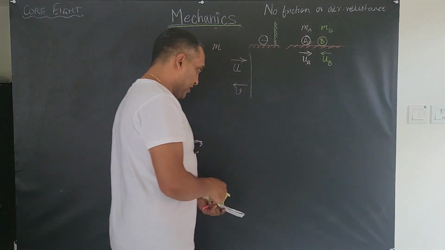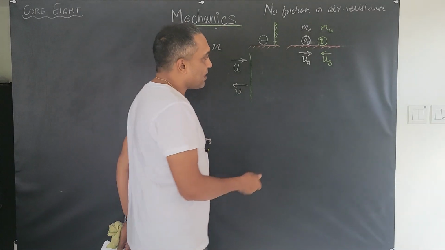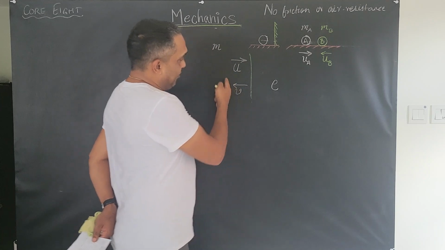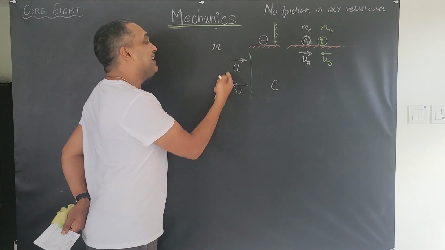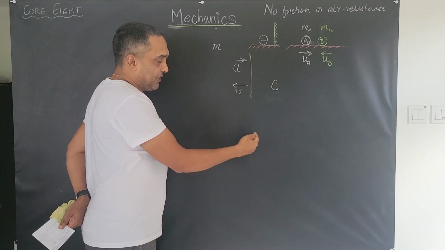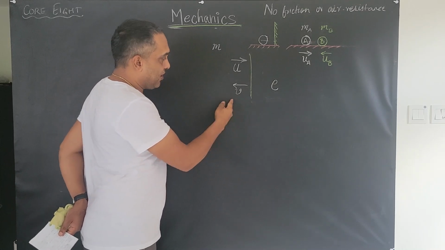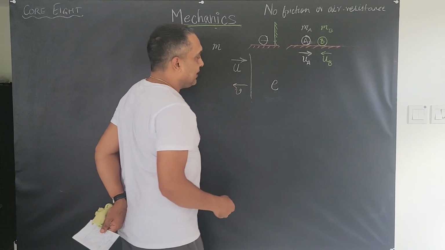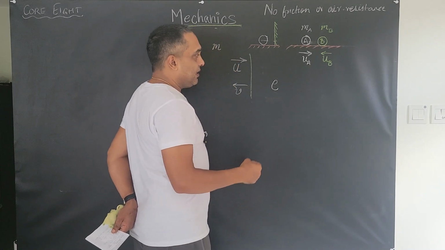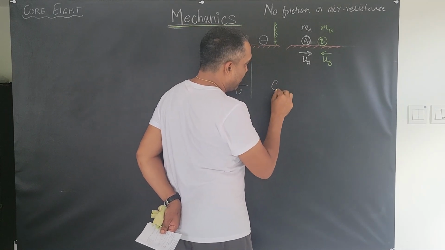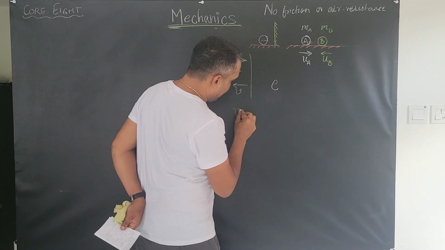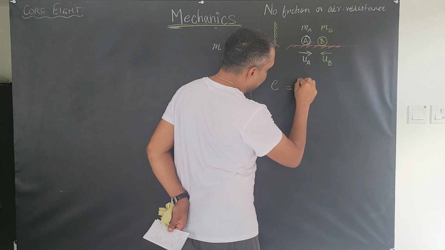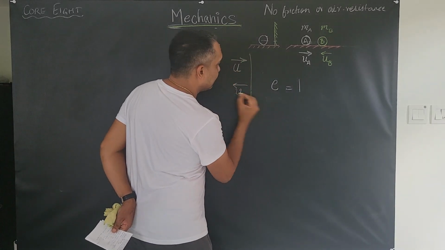Let's go back to the coefficient of restitution now, and say E. We know that you can never have your final velocity greater than that. As long as it's a straight hard surface, there's no external force, the final velocity is not going to be greater than U. At best case scenario, you can have V equal to U, in which case E is equal to 1, right?